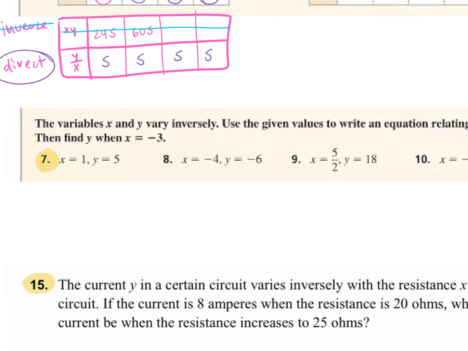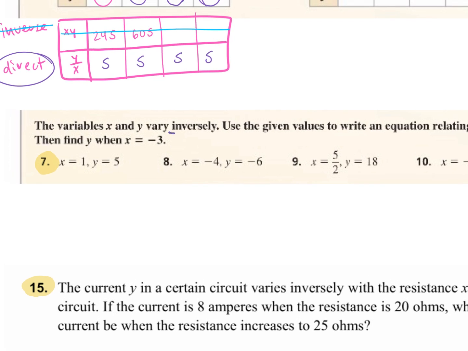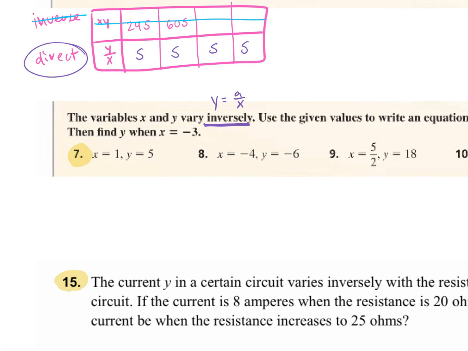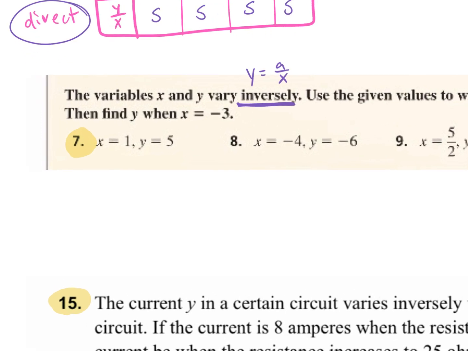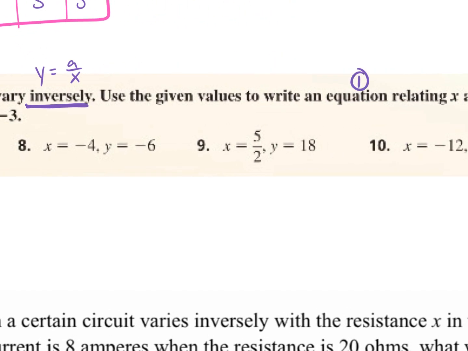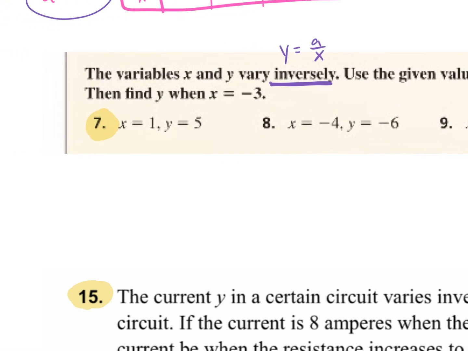So it says the variables x and y vary inversely. If it's inversely, what formula are we using? Y equals a over x. Use the values given to write an equation relating x and y. Then find y when x is equal to -3. So first thing we have to do is write an equation. Step 1, write an equation. So I'm using y is equal to a over x.